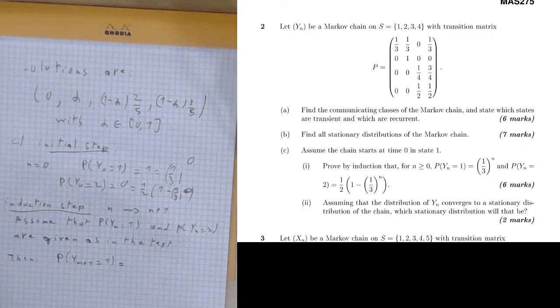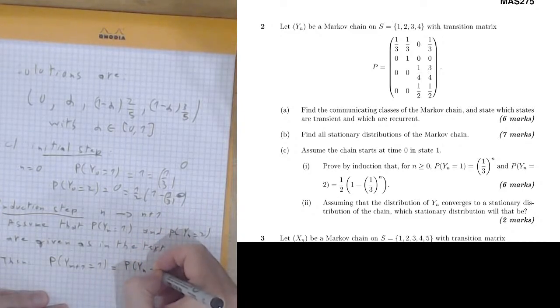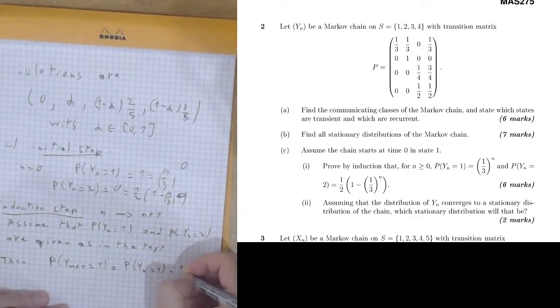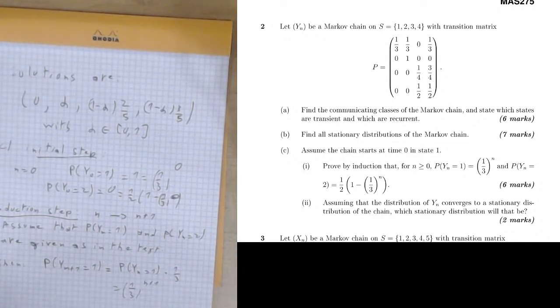So use your Markov chain. To be at state 1 after one extra step, we had to first be at state 1 before and then take the step where we don't move. So it's equal to p of yn equals 1 times 1/3, 1/3 being the top left coefficient of the matrix. And of course, that's indeed 1/3 to the power n plus 1.